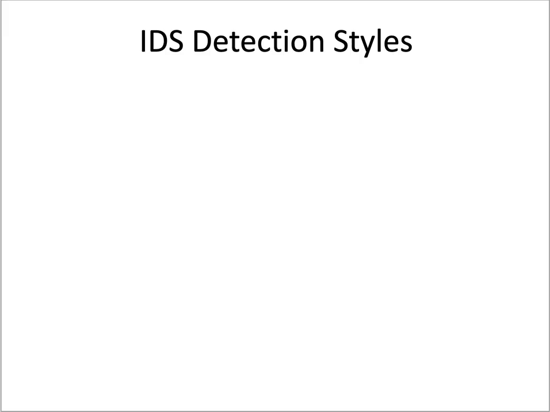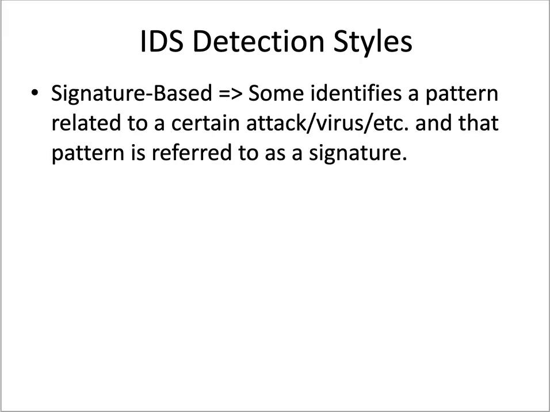There are different types of styles. That is, how does the IDS perform its work? The first one we'll talk about is called signature based. So basically, someone identifies a pattern related to a certain attack, viruses, or other exploit, and that pattern that you see within the malicious behavior is referred to as the signature.